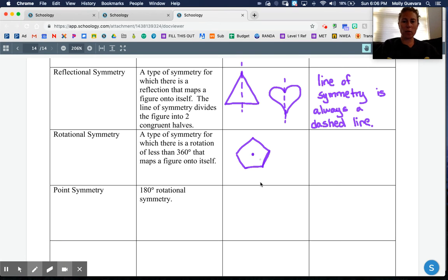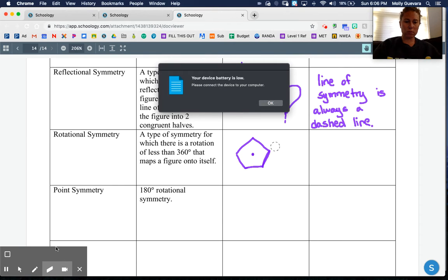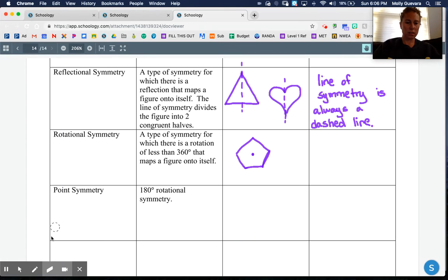And if I have a point of symmetry in the middle there, if I rotate this pentagon like so, maybe I want to draw that dashed, right? Hopefully it'll last through this video, okay? If I rotate this, it will line up on itself.